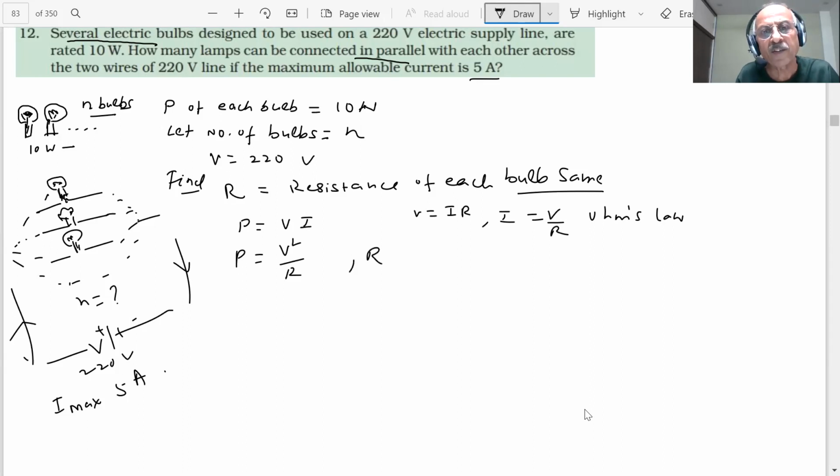Then what is the resistance R of each bulb? V square by P. What is V? 220 volt, student. And what is the power? 10. What is the value coming?